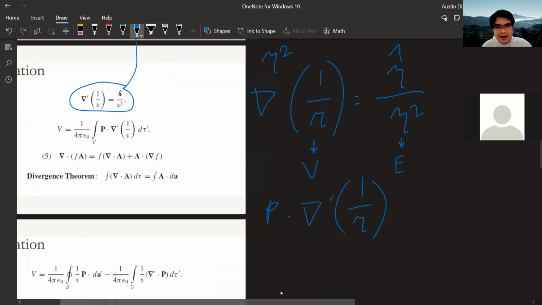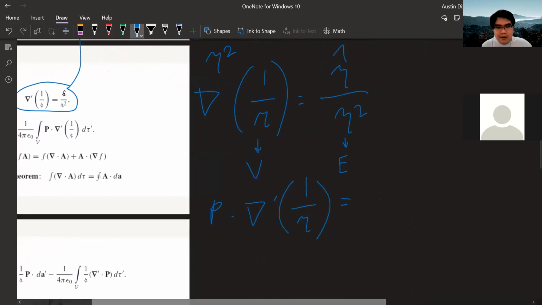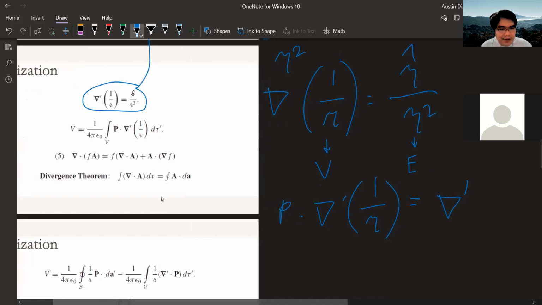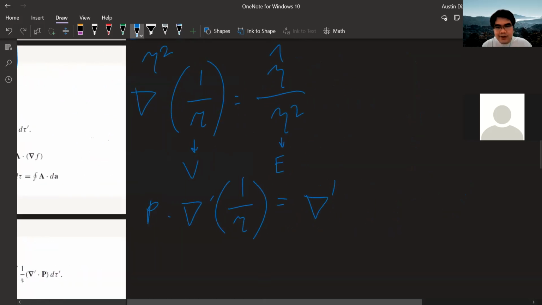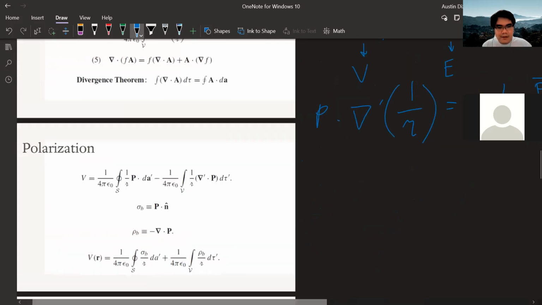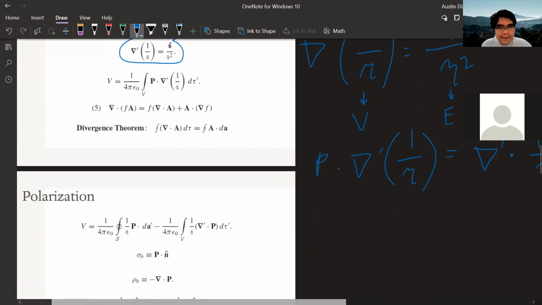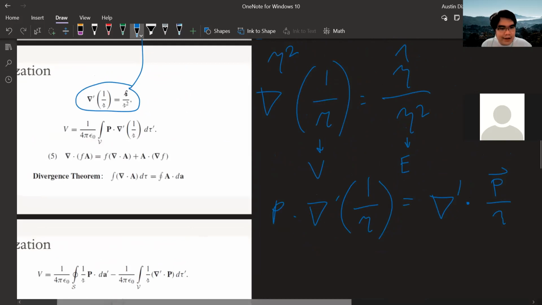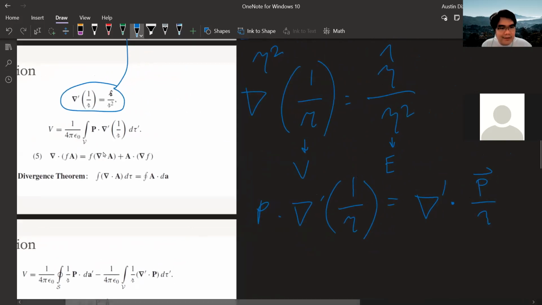So with that, this is actually equal to del prime dotted with the scalar function times A. Yung A natin dito will be P. So that is del dotted with P over r, sorry. And then I have to minus this para malipat ko sa kabila.